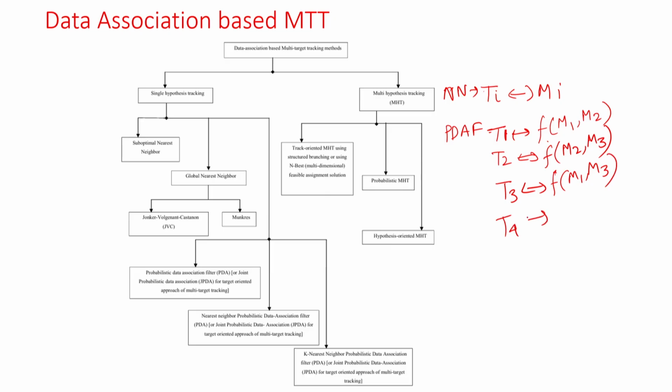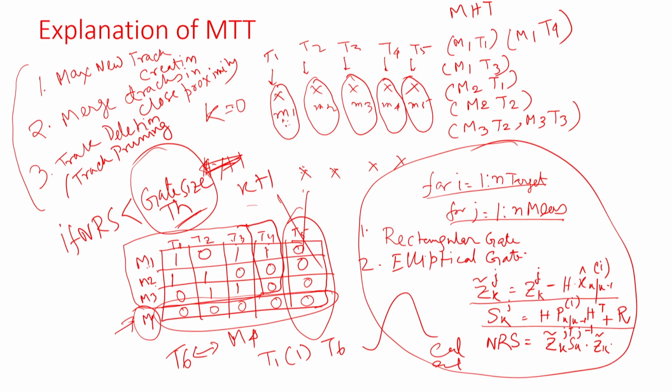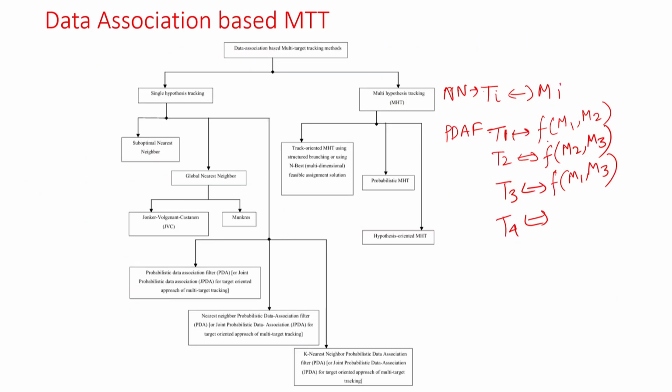And T4 I will make a function of only M1. This is called probability. For all the links that are gated I will use all the measurements and give some probability weightage: x% weightage to this one, and 1 minus x% probability I will assign to M2. Like this I will solve it. We will talk over multiple classes about how PDA is concerned.